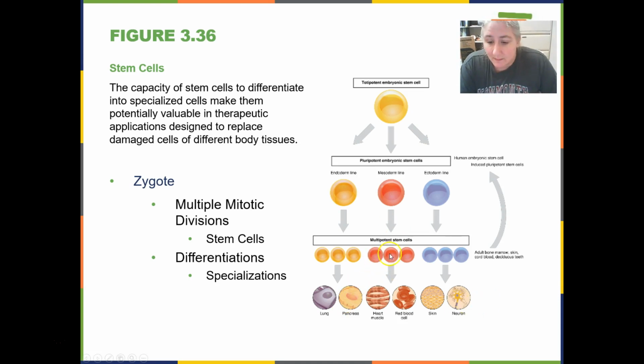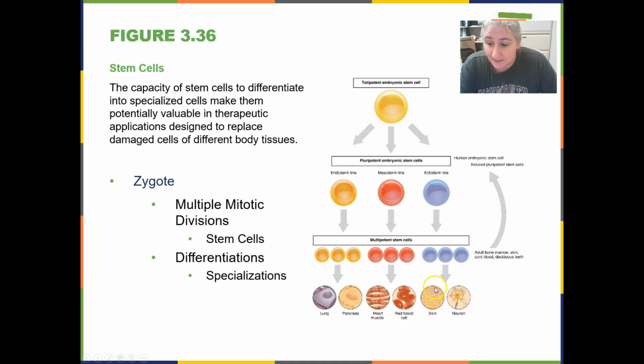Then you have multipotent stem cells, which are stem cells that will produce new copies of structures. Like you might have an epithelial stem cell that produces more skin tissue or epithelial tissue.